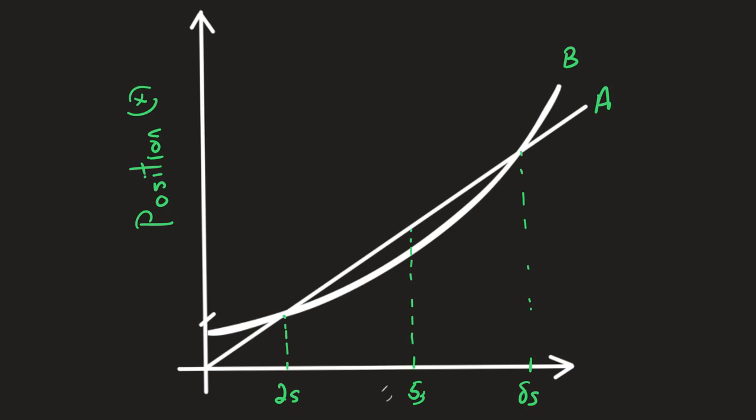For example, let me pick a point here. If I pick this point on the line, if I want to know how fast it's going, I would need a line that is tangent to that to get an idea for what the slope is. I know you guys know what tangents are. You had geometry.